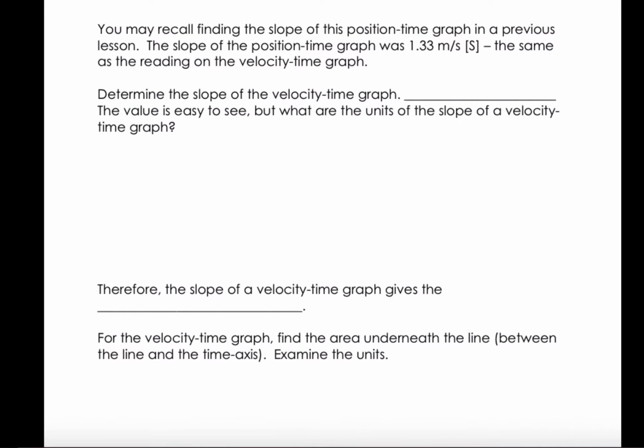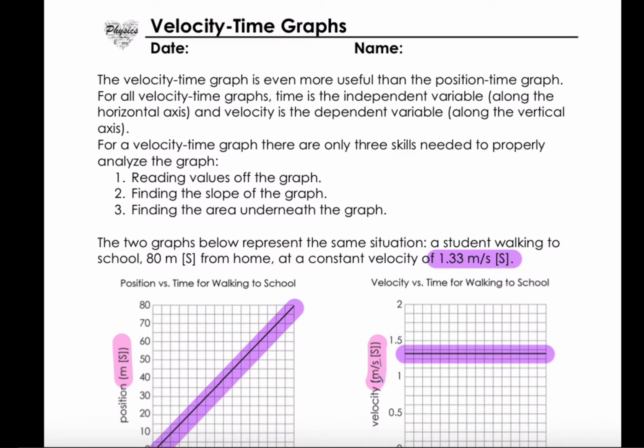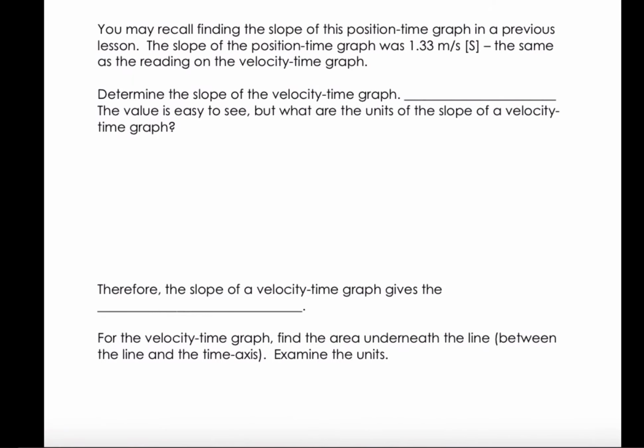Determine the slope of the velocity time graph. It is a horizontal line, and so our slope is 0. But let's look at the actual units. For the slope, we have v2, velocity 2, minus v1 over t2 minus t1, which means change in velocity over change in time.